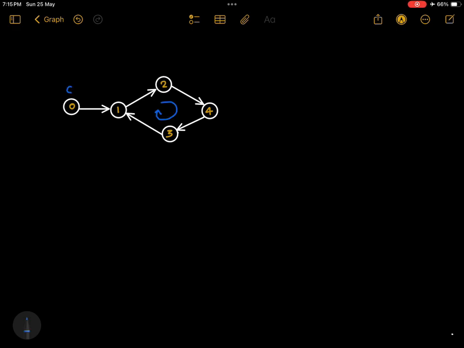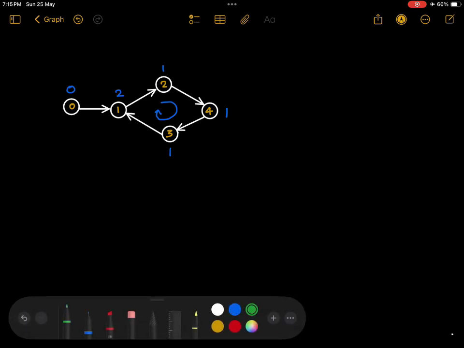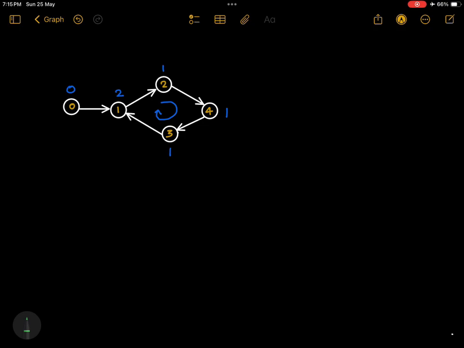Now let's see what will happen if we have a cycle. So let's write in degrees first. 0, 2, 1, 1 and 1. So let's start our BFS from 0. 0 has in degree 0, so we will process 0 and then we will move to its neighboring node, which is 1, and because we processed 0, we will reduce the in degree of 1 by 1 because we have reduced one of its dependencies, so its in degree will become 1.